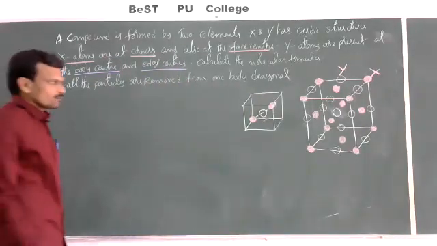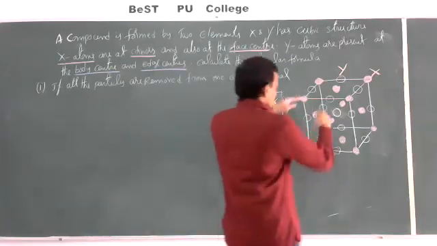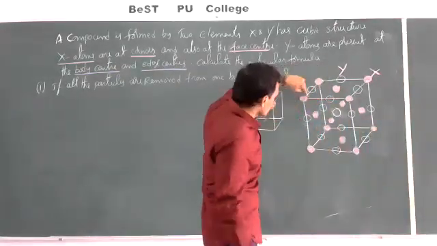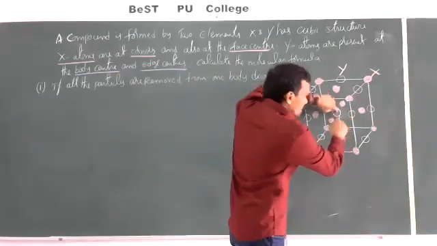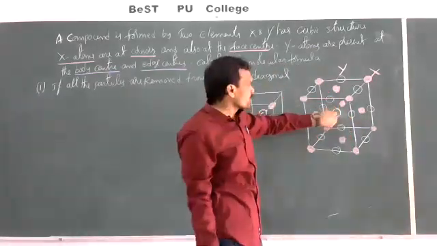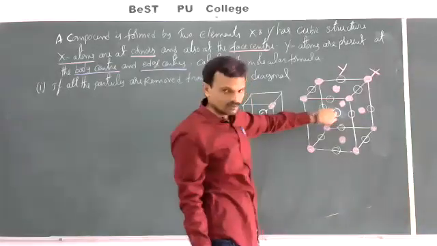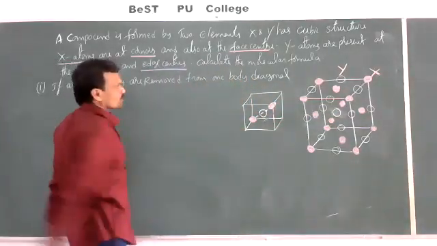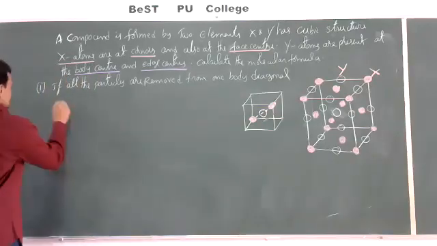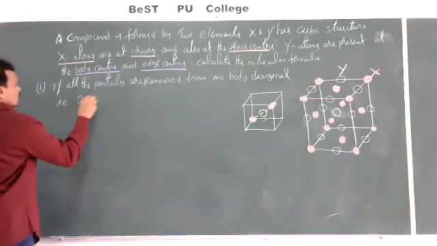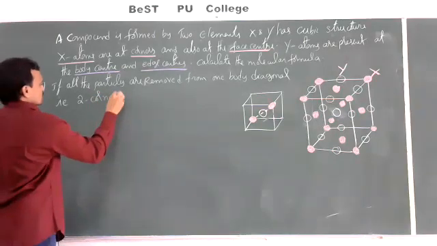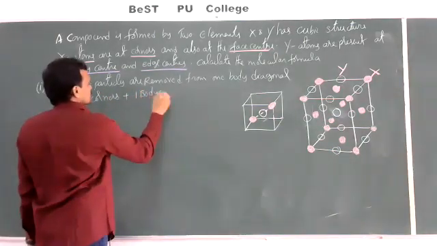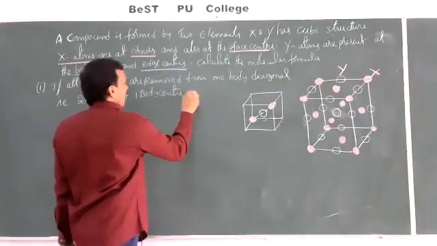As per this diagram, if you take a body diagonal like this, from here to here, this body diagonal consists of two corners and one body center, that's all. No other particles are in contact with the body diagonal. That is, if all the particles are removed from the body diagonal, that is, two corners plus one body center are removed.